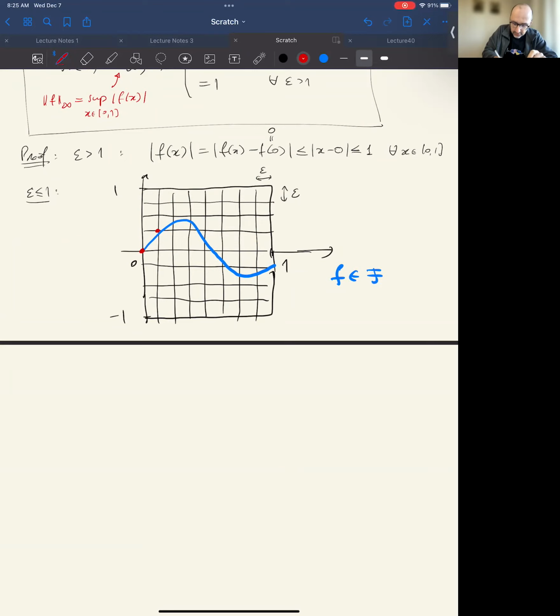So I approximate the function on the grid. It goes up, then it goes up here, then it goes down. My picture is not perfect, but I hope you get the point. So I approximate the function to the nearest point on the grid, and then I'm just interpolating linearly, just like that. So this will be my function g, and the set of all such functions, let's call this f epsilon.